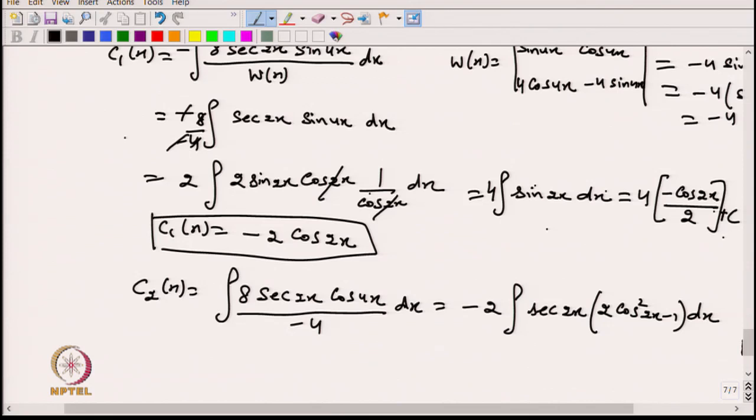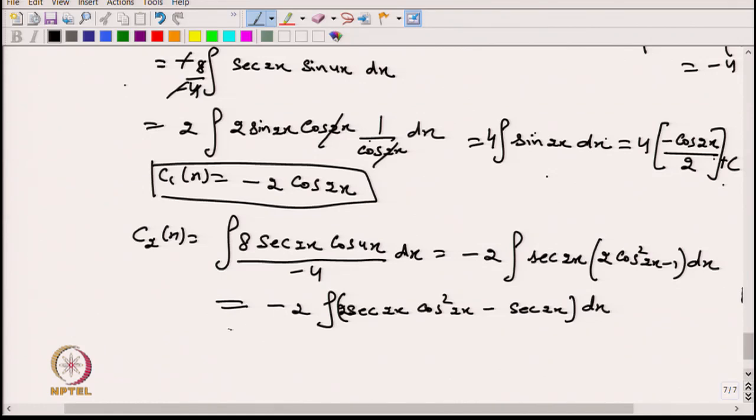So, now this becomes minus 2 secant 2x into 2 cos square 2x minus secant 2x, dx.